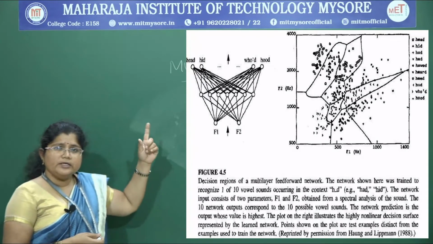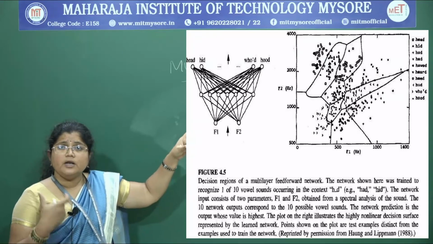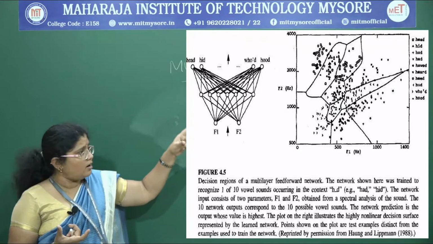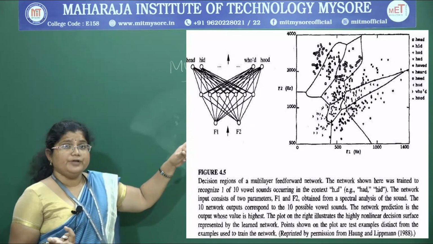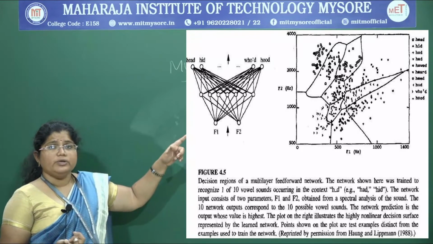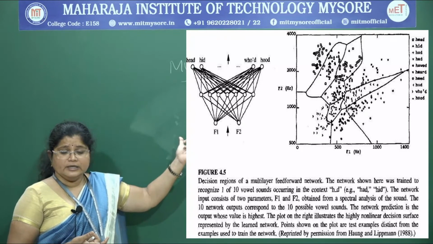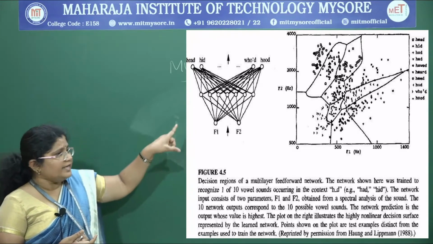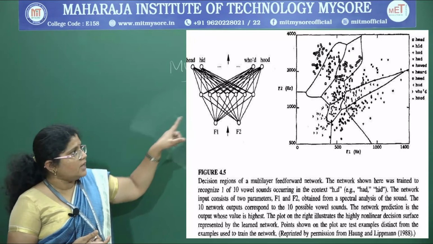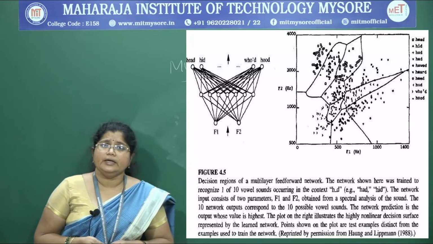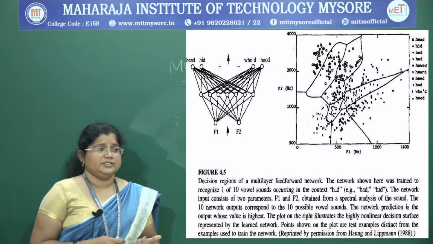The output provides the 10 possible vowels which have been spoken, between the letters h and d, for example hid, had, head, hood, by considering the two input parameters.